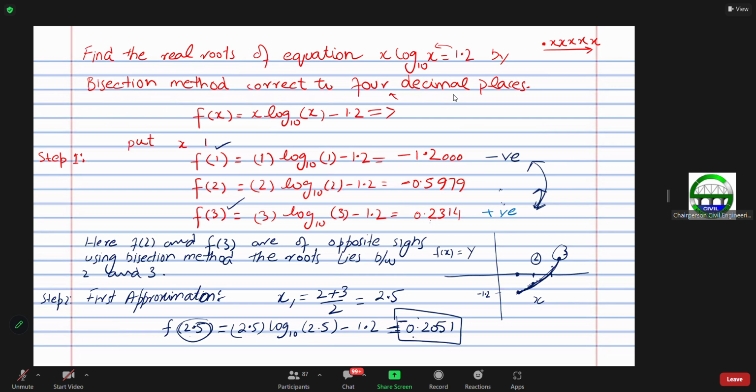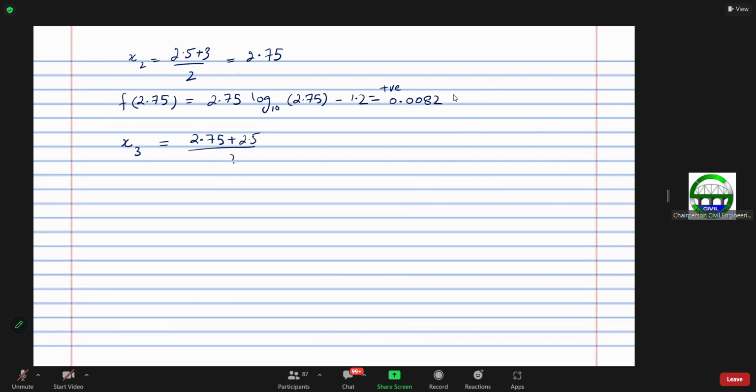So your value lies between 2.5 and 2.75, right? Then x3 will be equal to (2.75 plus 2.5) divided by 2.